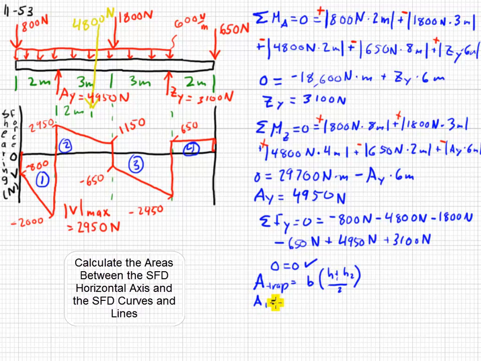So the area of 1 is negative 800 newtons minus 2,000 newtons divided by 2 is 1,400 newtons times 2 meters is back to 2,800 Newton meters. But it's a negative, so make sure you remember that.